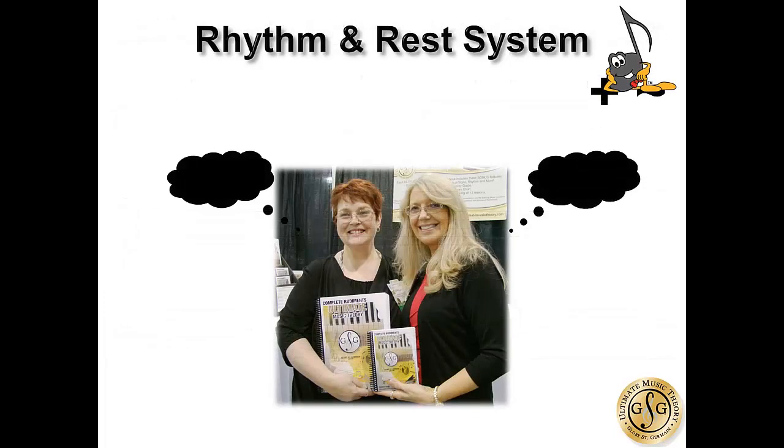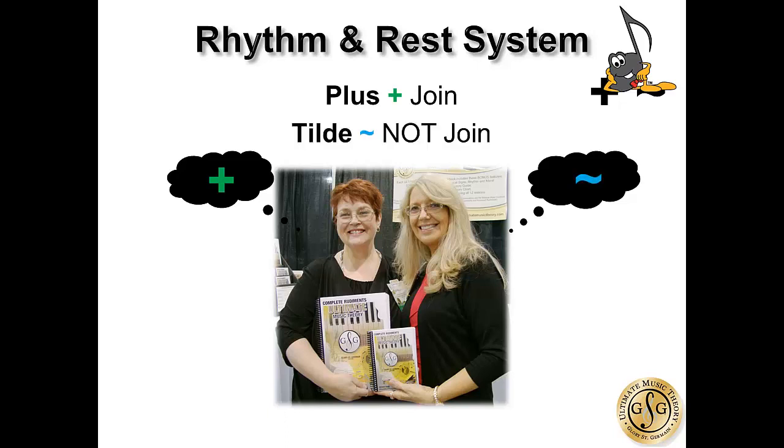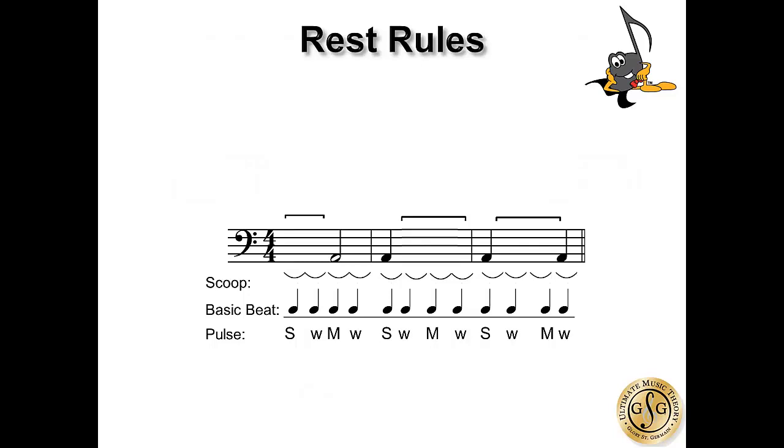Then, on a late night writing session with my editor Sheila, we created the innovative rhythm and rest system of using the plus sign to join or combine pulses and an old Spanish symbol called the tilde sign or the squiggle to not join pulses. Now here's how adding these symbols to our exclusive UMT technique changed frustration into success.